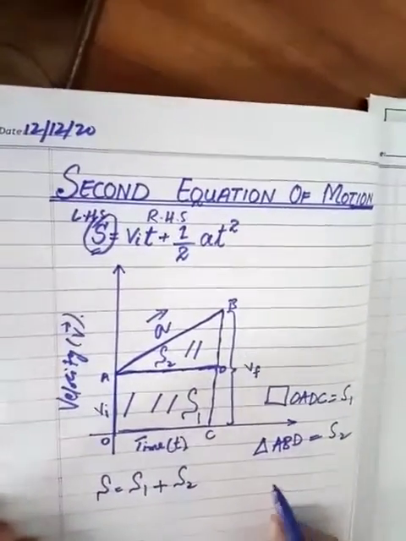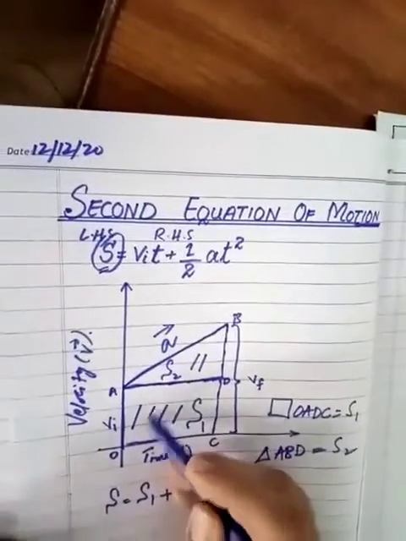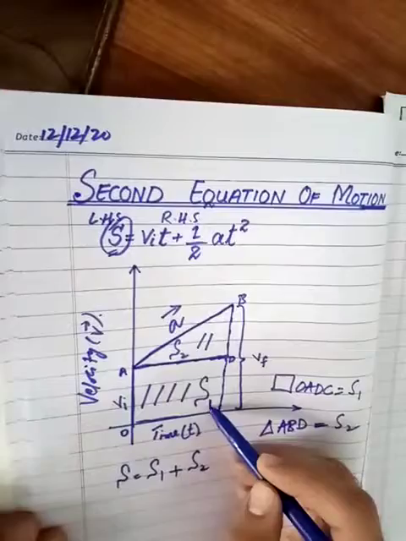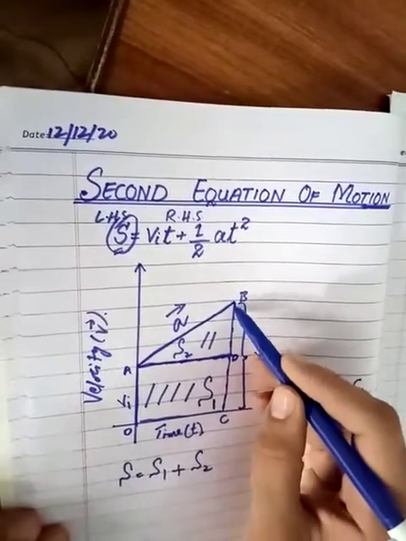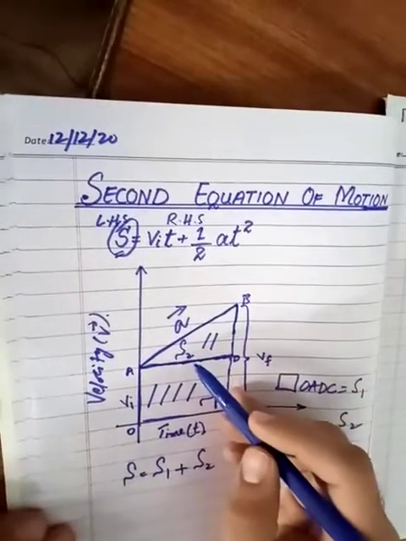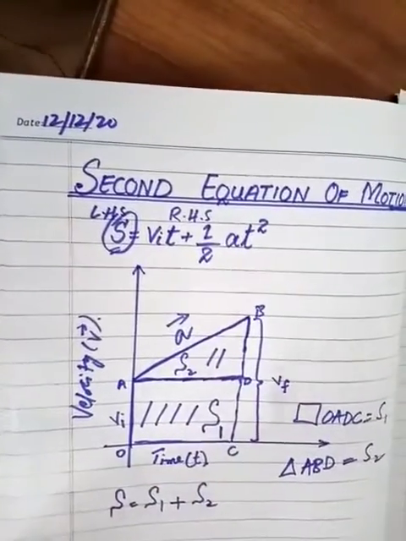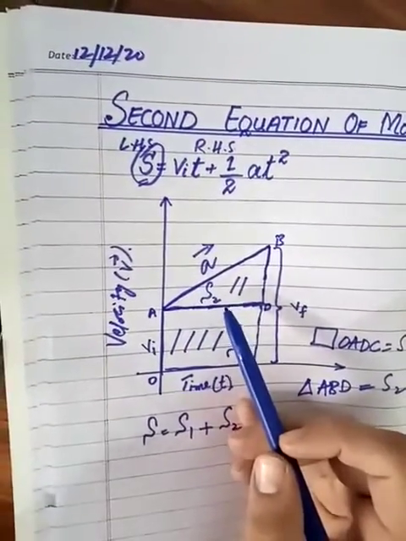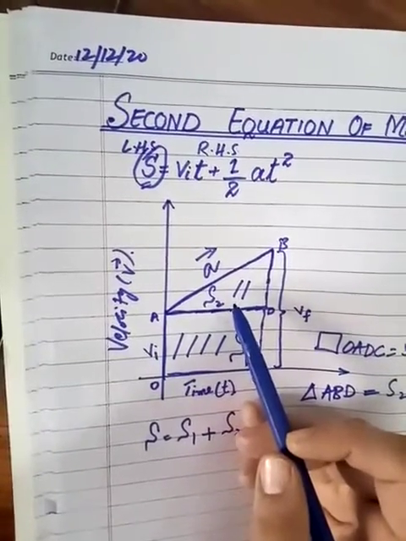It means that if you find the area of the rectangle, it will be equal to S1, and if you find the area of the triangle, it will be equal to S2.